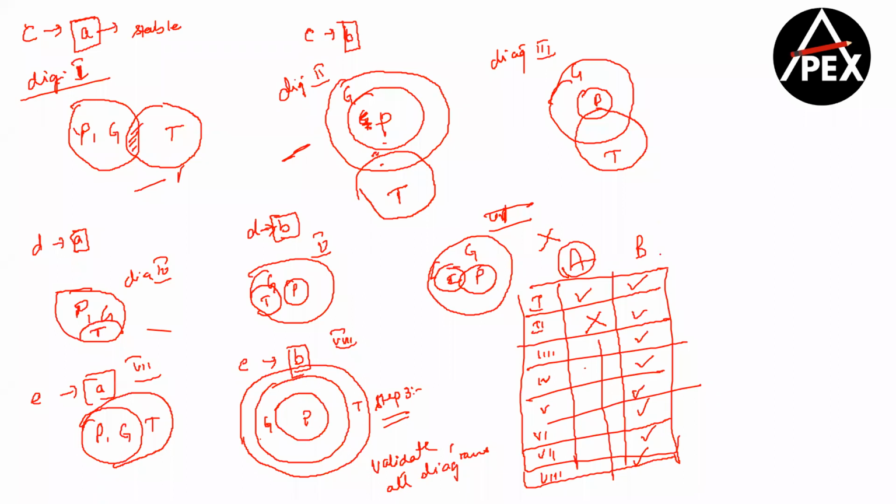So the valid conclusion is nothing but conclusion B. Our conclusion B is the valid conclusion. How many of you guys understood this? What to do, how to do? How many of you have understood? Okay, cool.